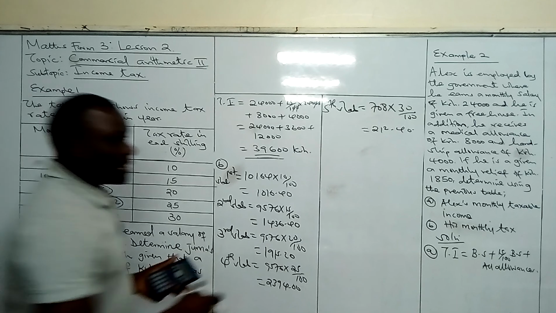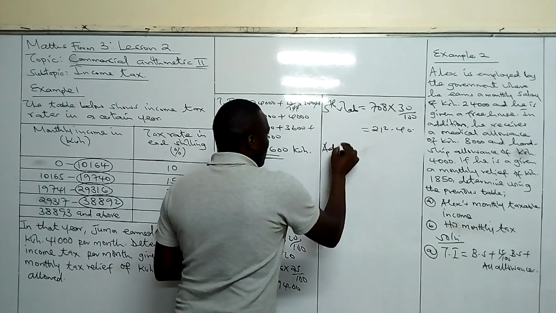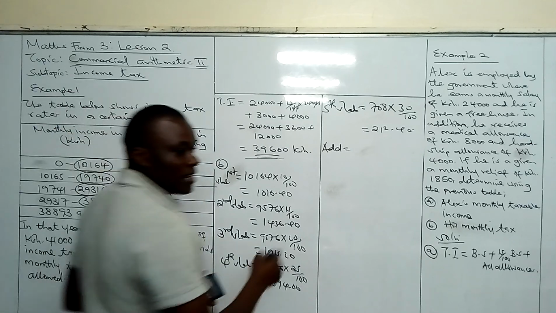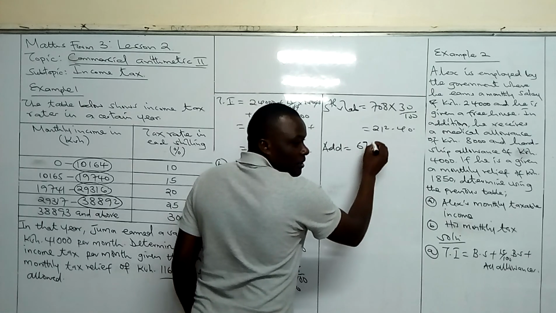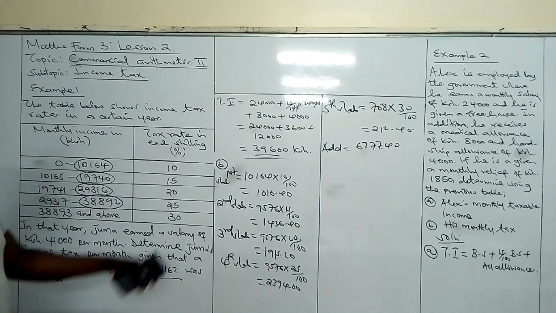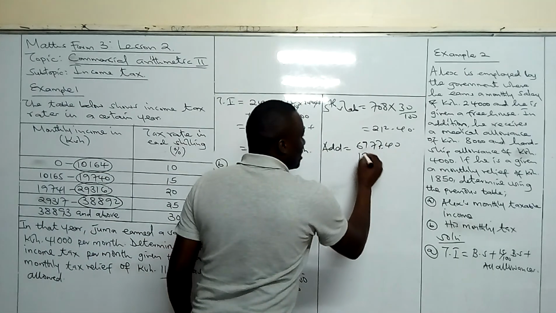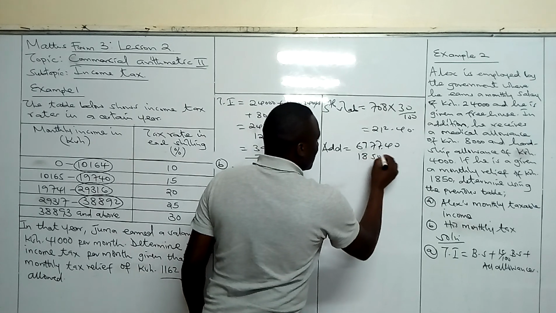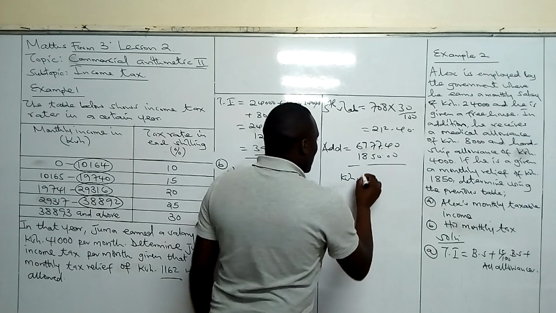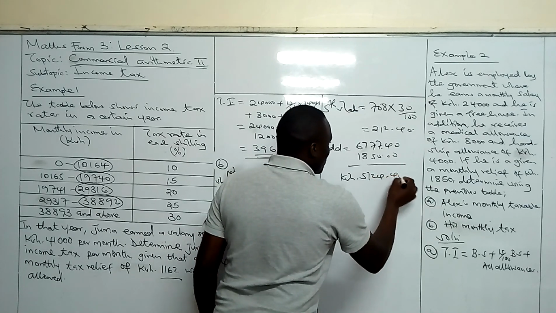Then I will add. So if you add all of that, you will obtain 6,977.40 cents. And now you remove the relief, which is 1,850. So the total here in Kenya shillings will be 5,127.40 cents.